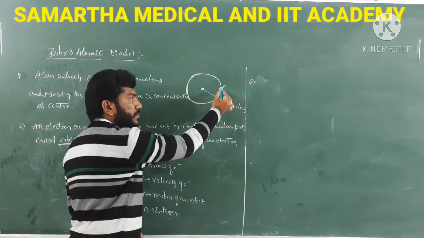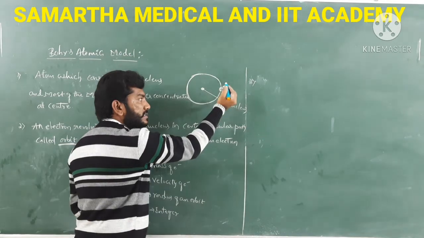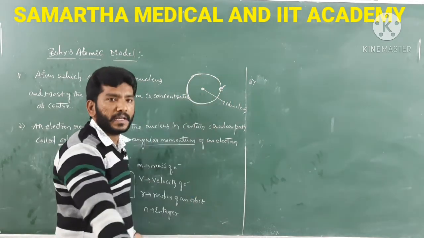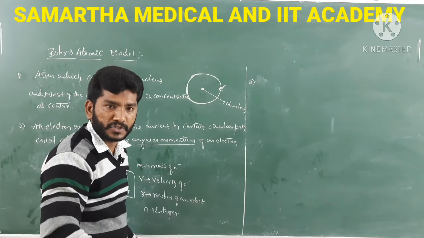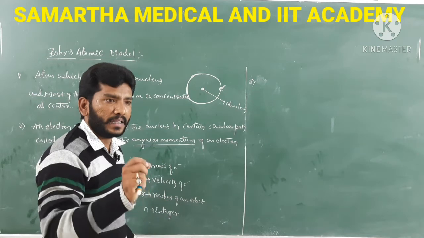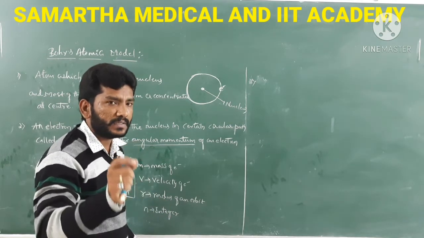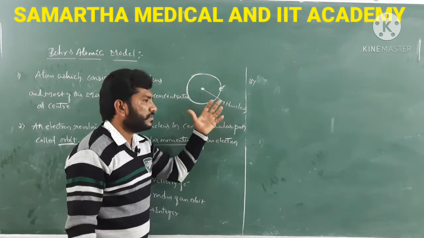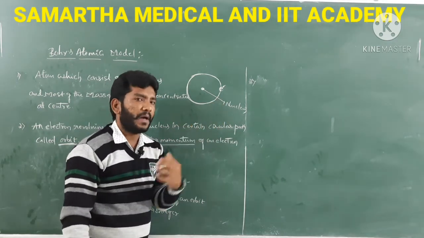According to the third postulate, as long as the electron is revolving in this particular circular path, it does not emit energy. Which means that the energy of an electron would be constant in a particular orbit.